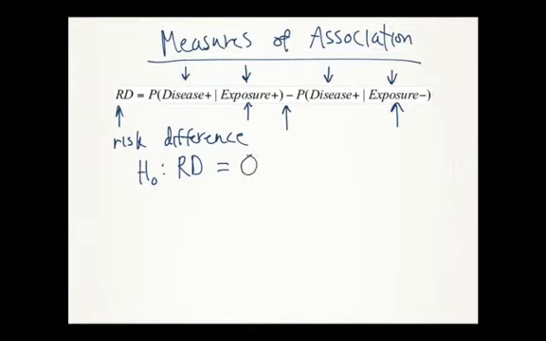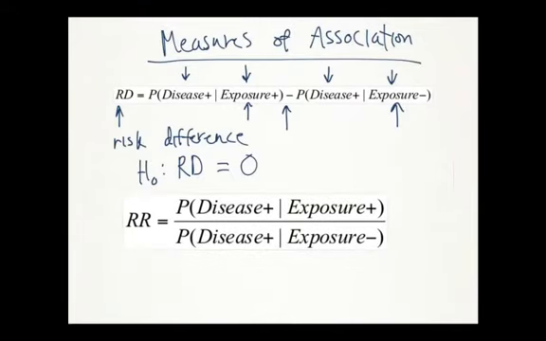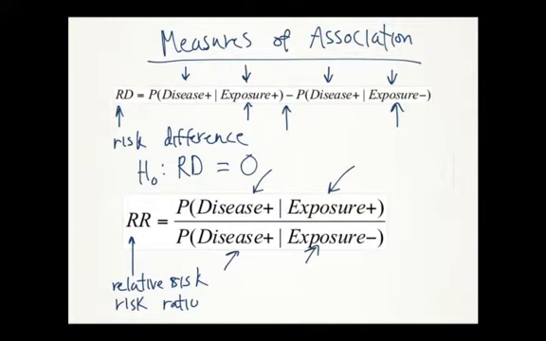Okay? Then there's this other measure, so that's the risk difference. Then there's this other measure here called the relative risk, or also called the risk ratio. It's called the ratio because we're taking one number divided by the other, right? And that's the probability of the disease in the exposed divided by the probability of disease in the unexposed.